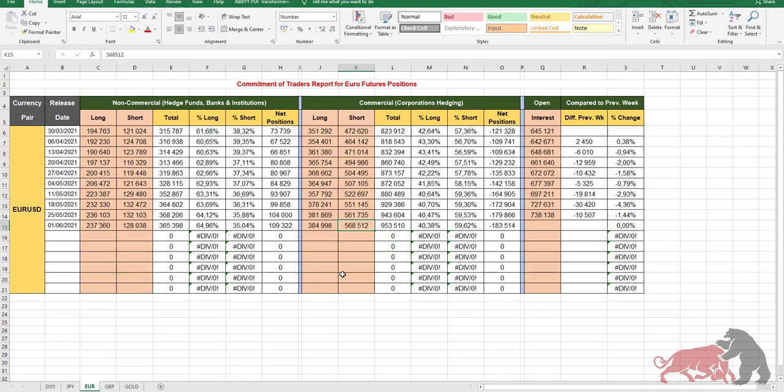That's about a 7,000 increase. Now the non-commercials, they've reduced their short exposure by about 5,000, and they've increased their long exposure by 1,000. We can clearly see the commercials have a bigger advantage on the short side, meaning I'm expecting euro to be bearish, but only after some strength coming in, and for that strength we need to take note of the high of the week, because it's probably going to come in Tuesday or Wednesday during London open.